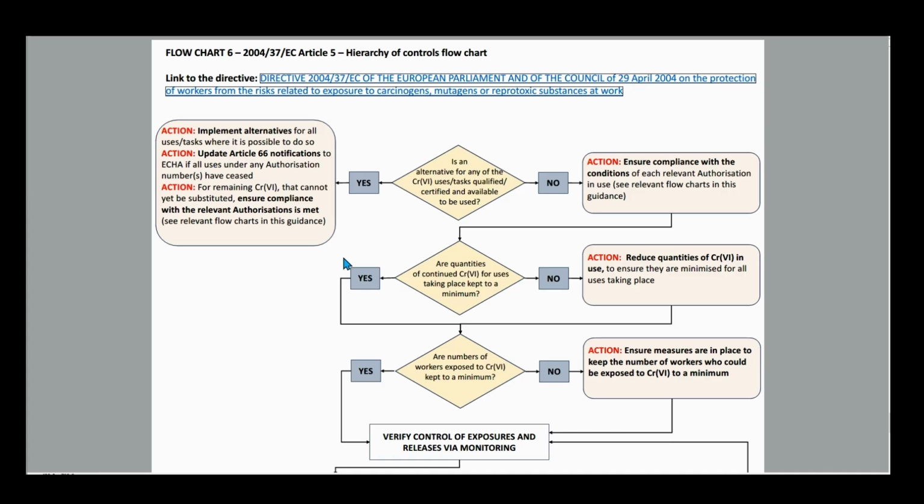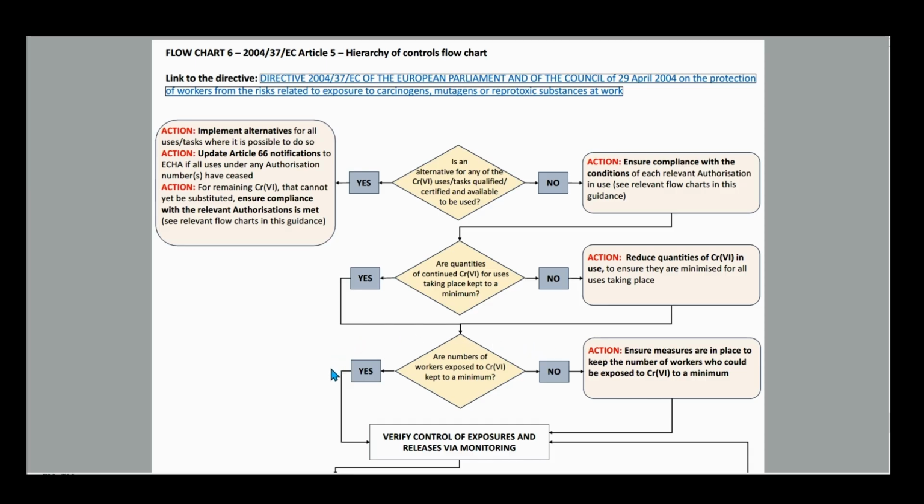However, irrespective of your use quantities, you proceed to the next question, which is, are the numbers of workers exposed to hexavalent chromium kept to a minimum? If this is not the case, you need to put measures in place to reduce the number of workers exposed to hexavalent chromium to a minimum.